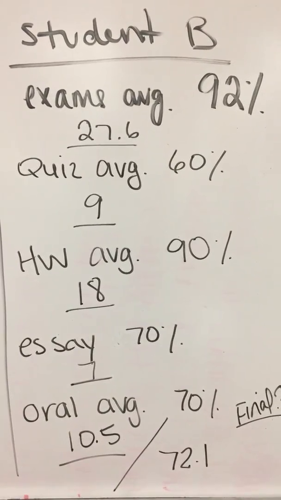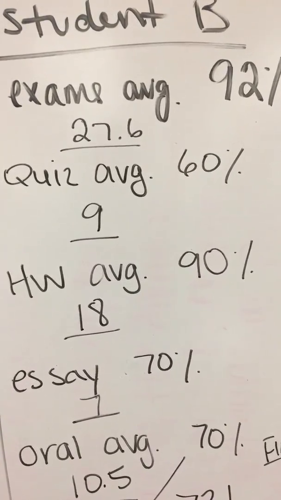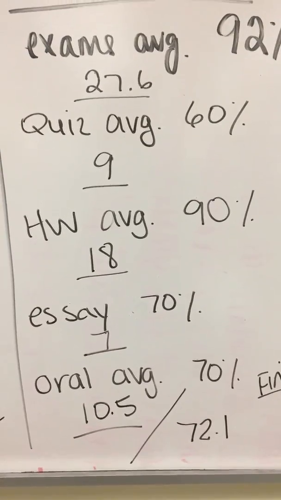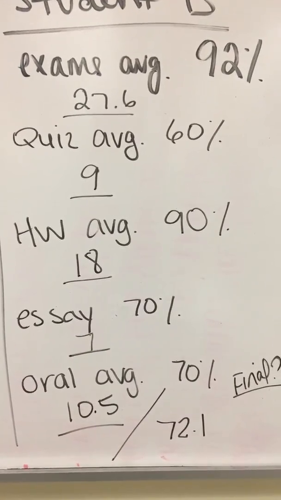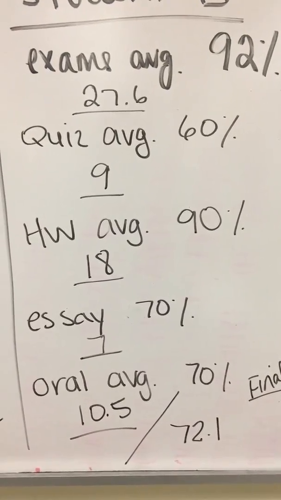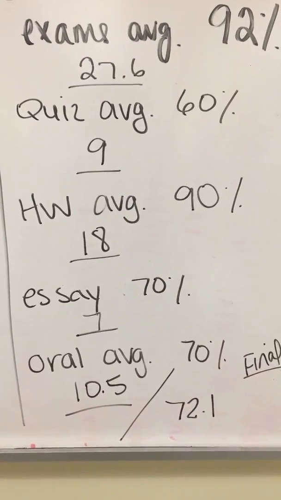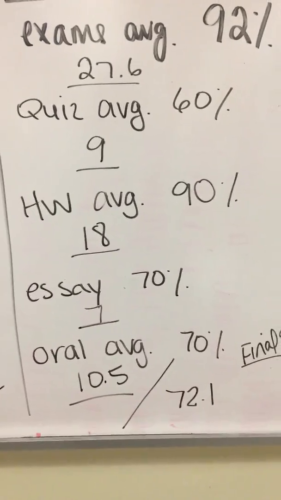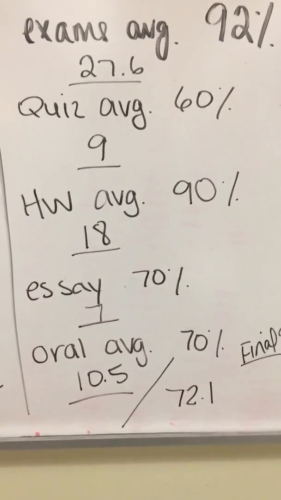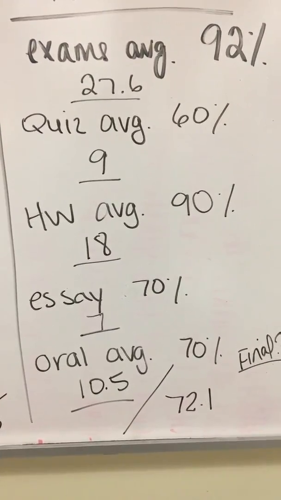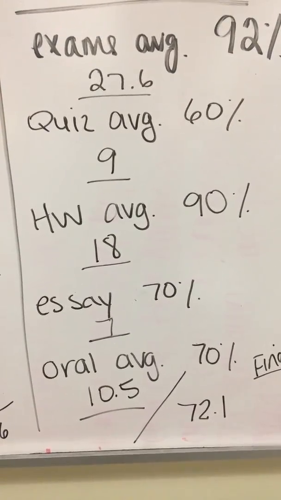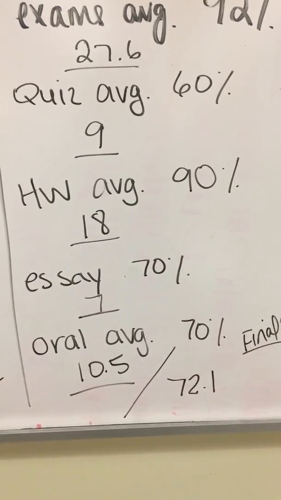They got an A as an average for their homework. They got a 90 as the average for the homework. If you multiply 90 times 0.2, because the homework is worth 20% of your final grade, student B got 18 points for their homework. On the essay, they got a C. The essay is worth 10%, so 10 points. That equals 7 points for the essay.